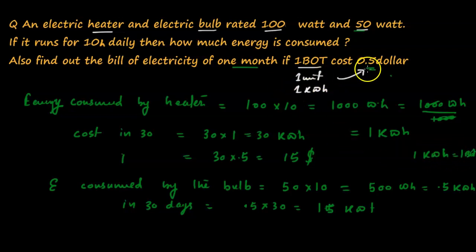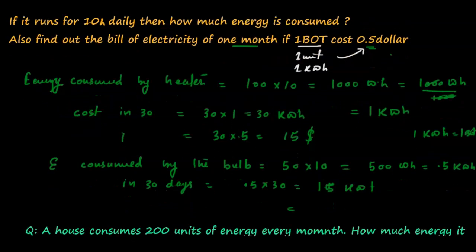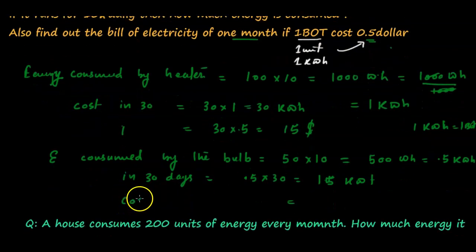Okay, so 1 unit cost is 0.5, so for 15 units we have to multiply. So the cost of the electricity consumed by the bulb will be 15 into 0.5, and this will be $7.5.